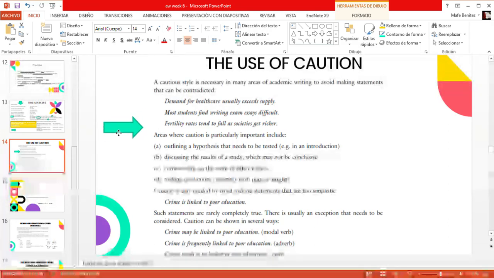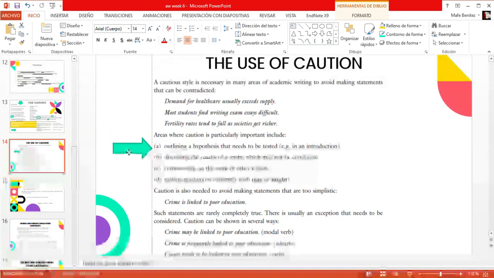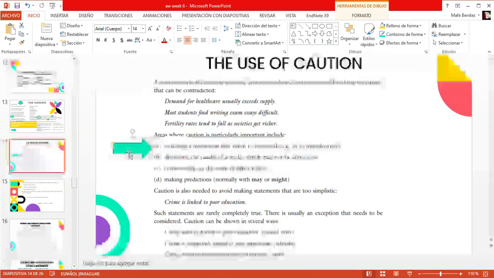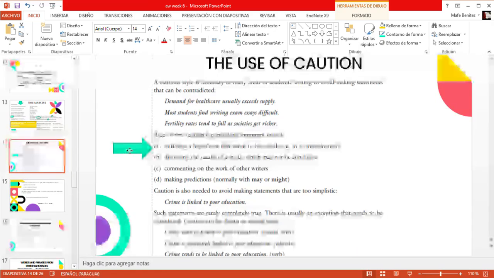Areas where caution is particularly important include outlining hypotheses that need to be tested in an introduction. So you need to be careful if you haven't tested your hypothesis. You should be careful not to say this is true, this is the case, when you really don't know.